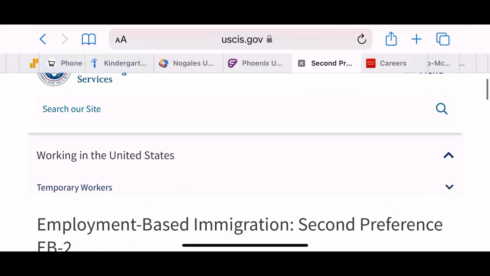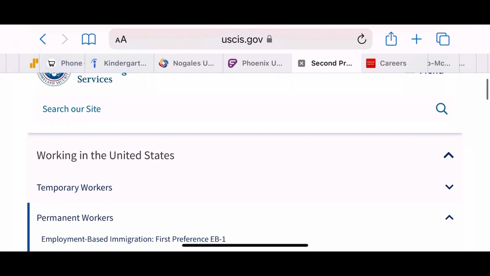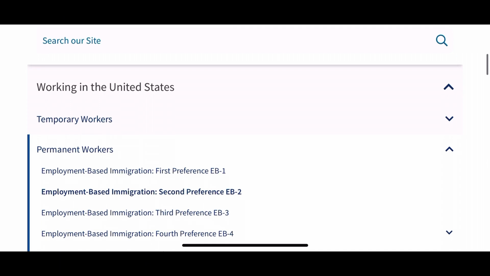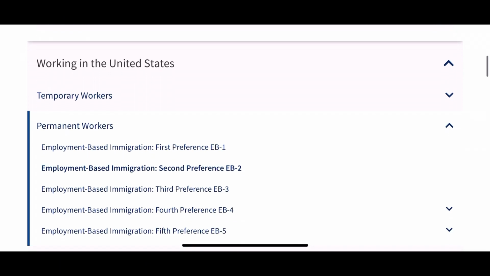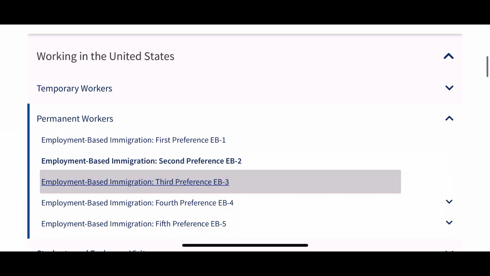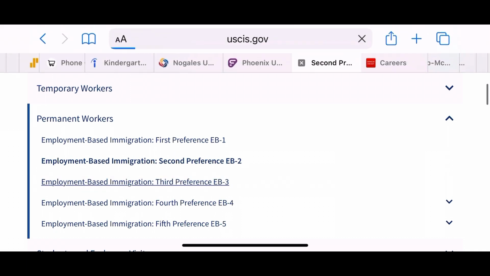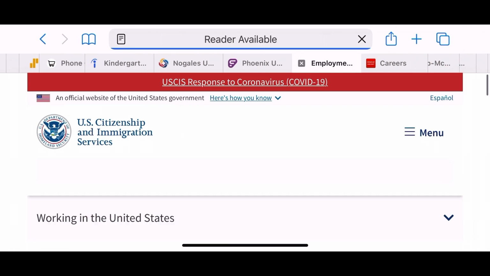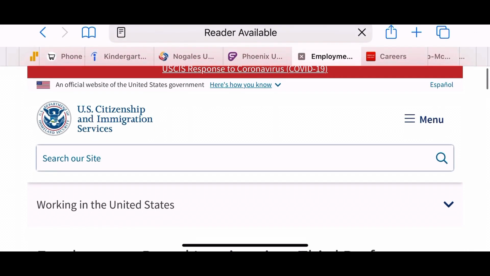Now, for the employment-based 3, that's the third preference, they have 3 subcategories, which include skilled workers, professionals, and unskilled workers. For the skilled workers, they must get a labor certification and have a permanent full-time job offer.